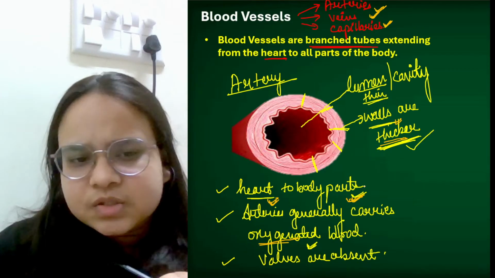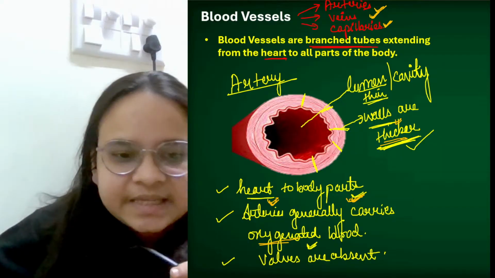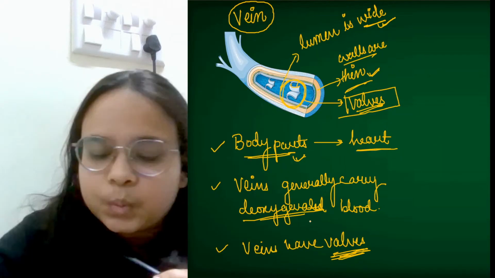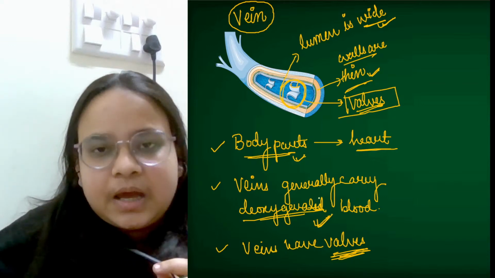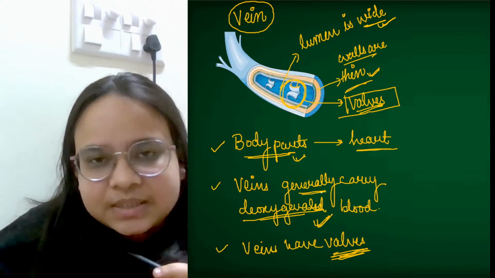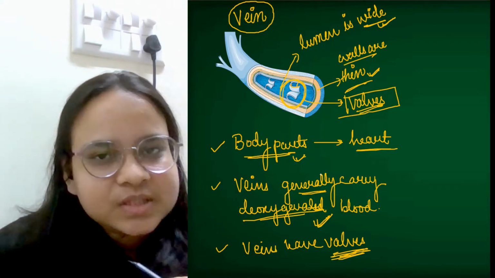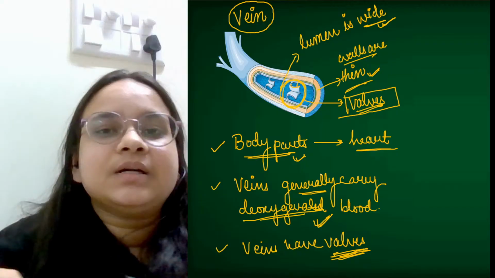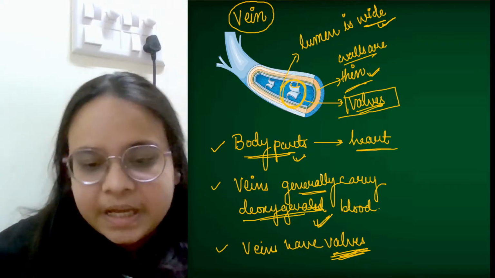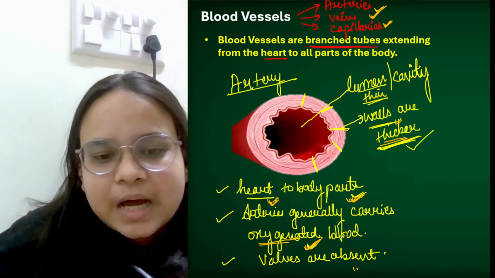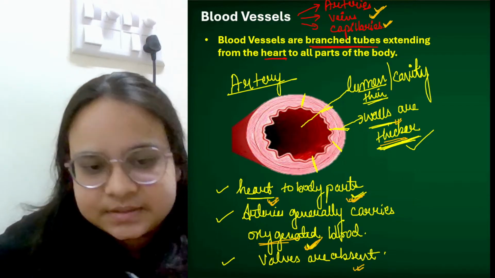Fine. Now we have also seen that generally arteries carry oxygenated blood, whereas veins carry deoxygenated blood. I have used the term generally because there are certain exceptions that we are going to discuss when we see the anatomy of the heart and the double circulation. Valves are not present in arteries.